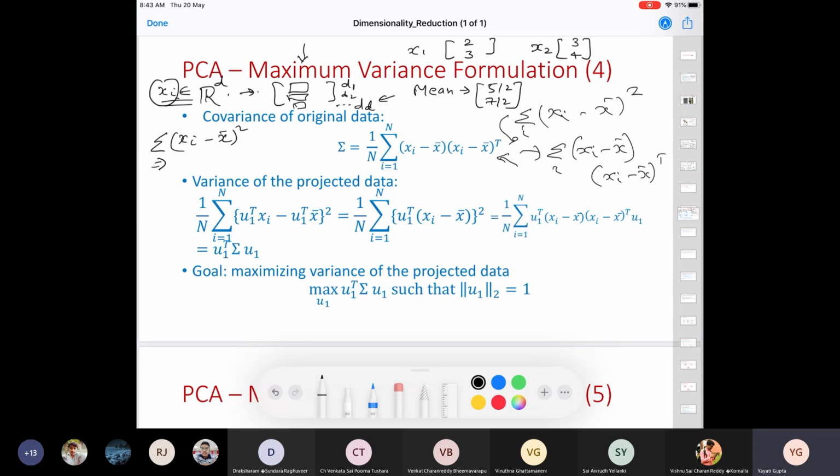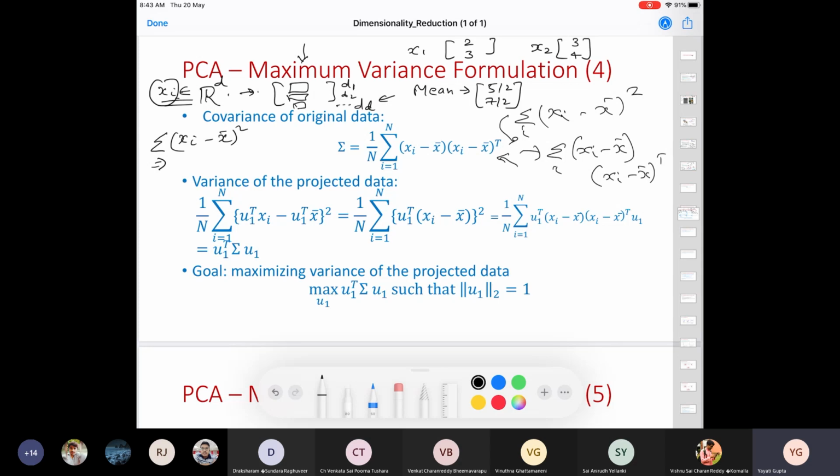If I represent it in matrix format, let me write it in this way. The values that you have, if I represent the given data set x, that is 2, 3, and 3, 4. This is our x1 and this is our x2.